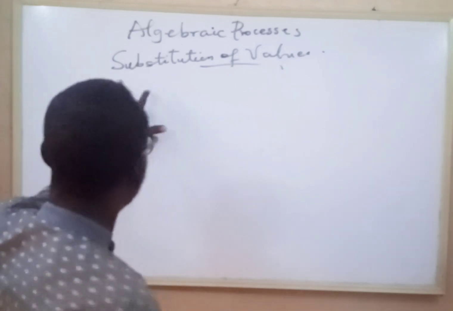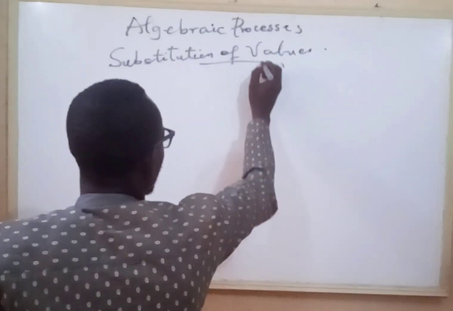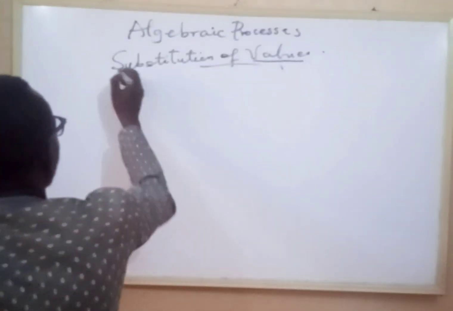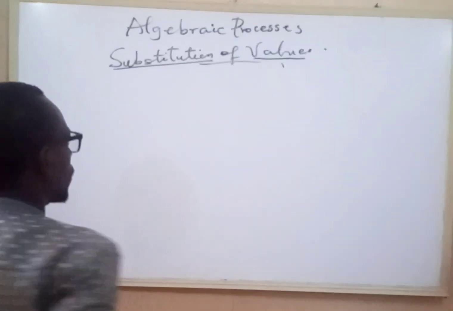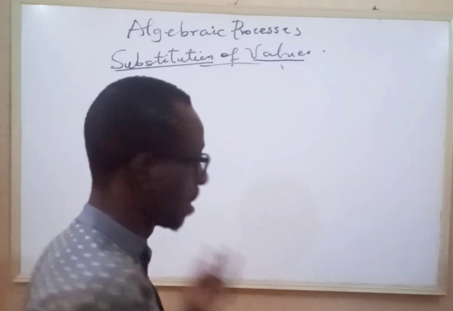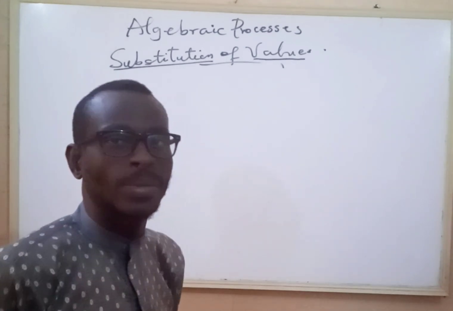From this substitution of values, we can easily understand that we have to underline the values and also substitution. Before we relate this to mathematics, let's briefly look into a general explanation of this.